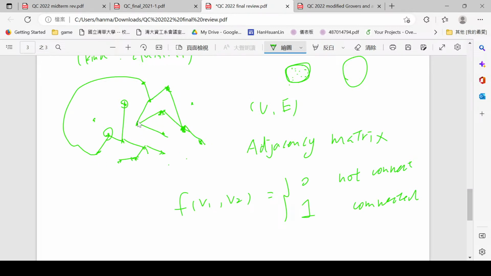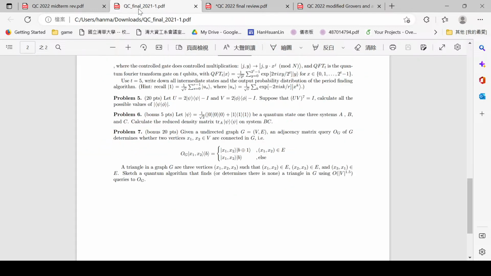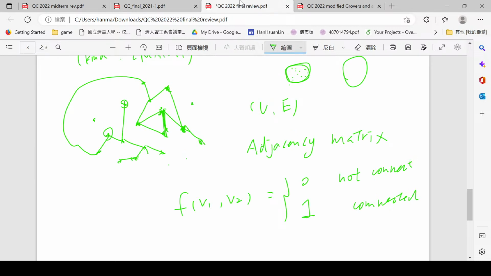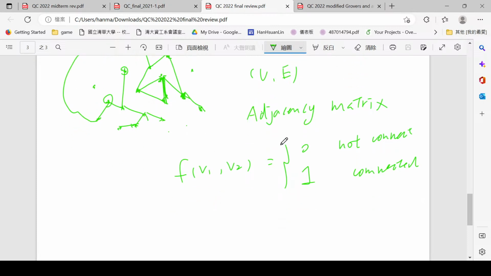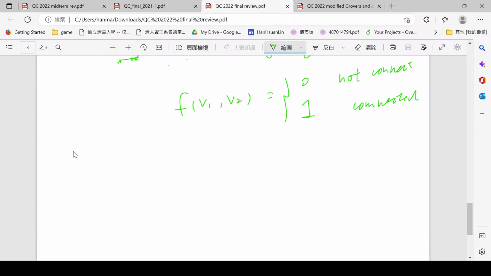We have no triangle here, but if we wanted one, that's what it would be. This is actually still an open problem: what is the optimal query complexity of triangle finding if you use a quantum algorithm?